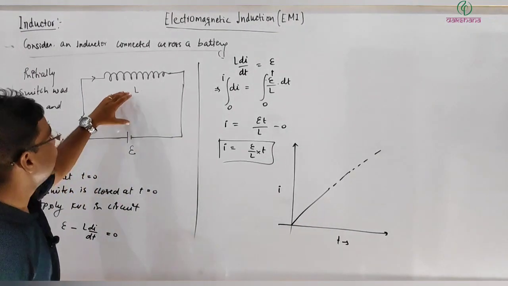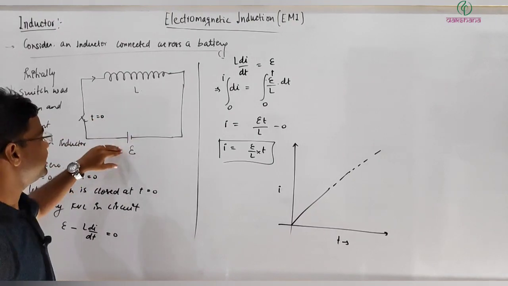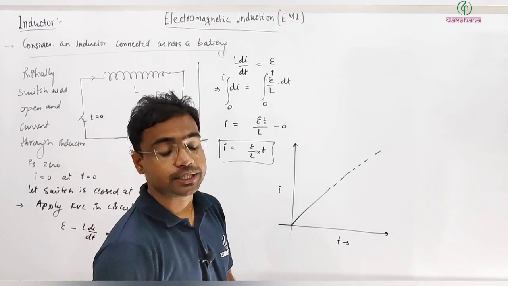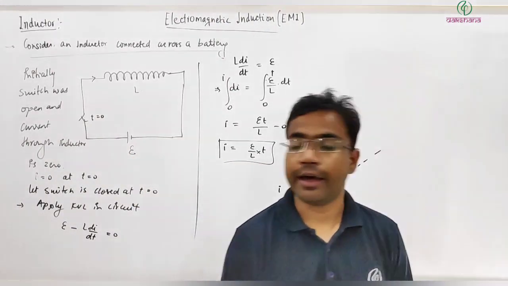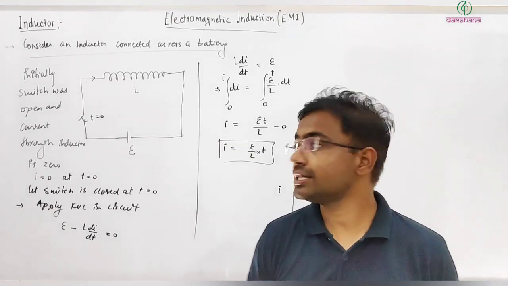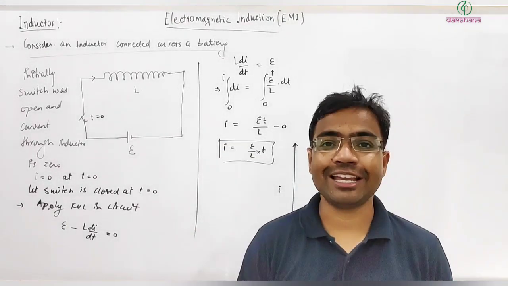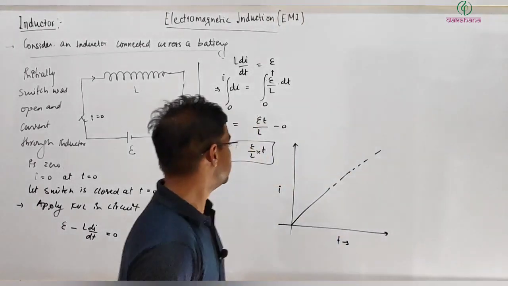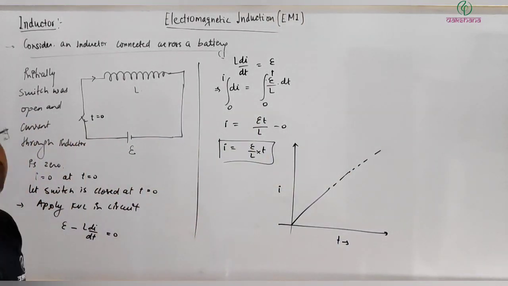If only an ideal inductor is connected across the battery, the current grows linearly in the inductor. Now see here, in this situation current is growing, that means the battery is supplying some energy, so the inductor stores energy. I will calculate that. Okay, so this is the ideal inductor.